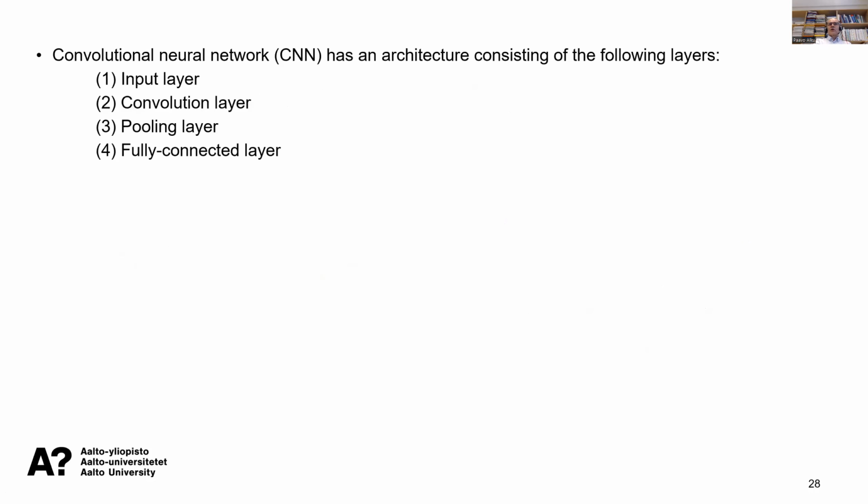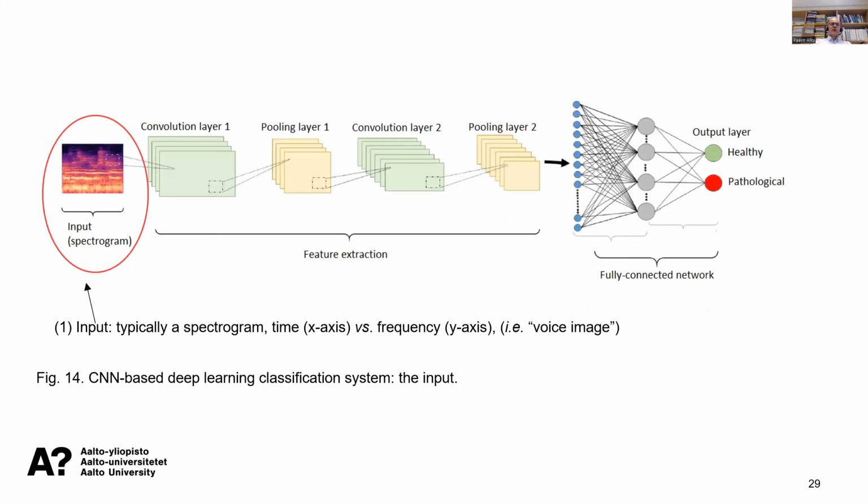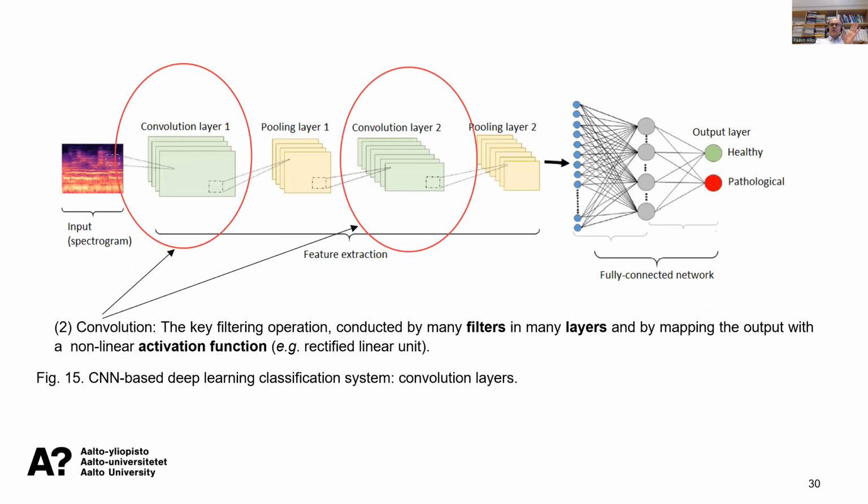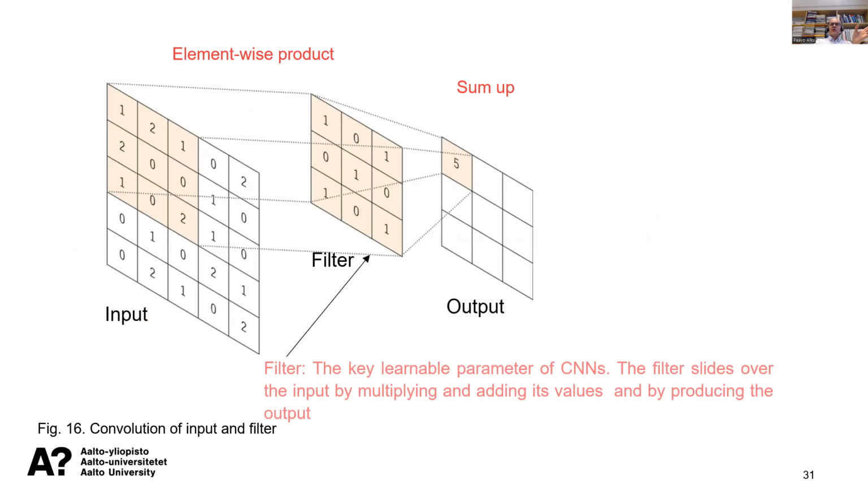So this kind of end-to-end system consists of neural nets, which are typically using so-called CNN networks, convolutional neural nets. And convolutional neural nets are typically in layers of several CNN layers. And what a CNN actually does, it takes the input, which is in this case kind of an image of a voice, a spectrogram.